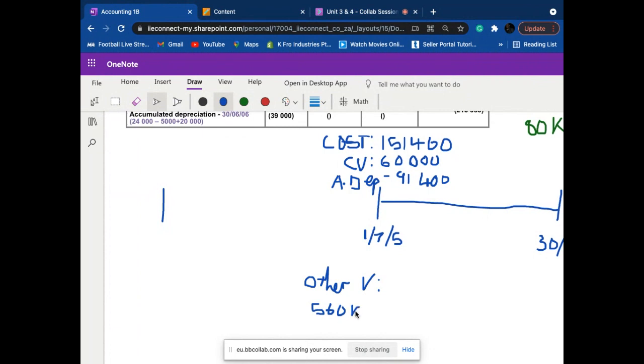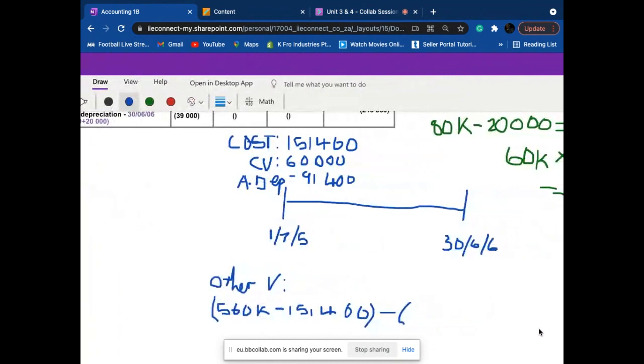I'm just going to put K there, and then minus this 151,400. Okay, all right. Now we have the cost of the other vehicles, but then we know we have to minus the accumulated depreciation for the other vehicles.